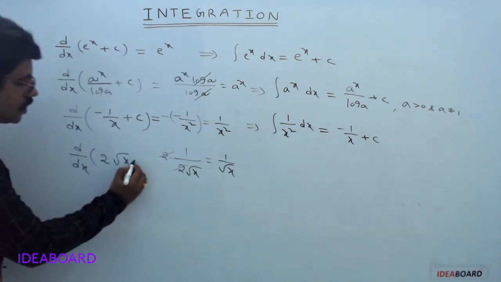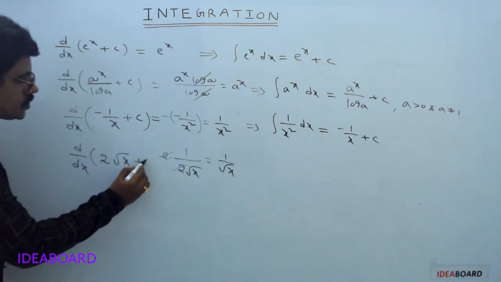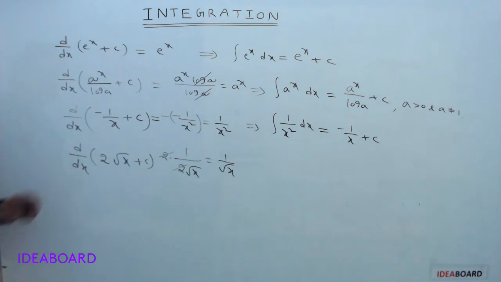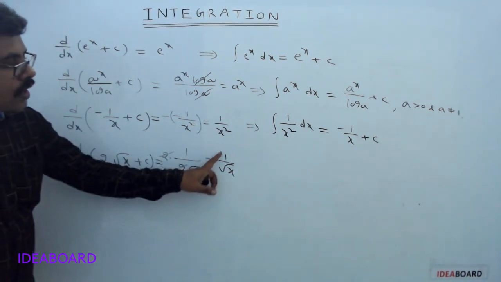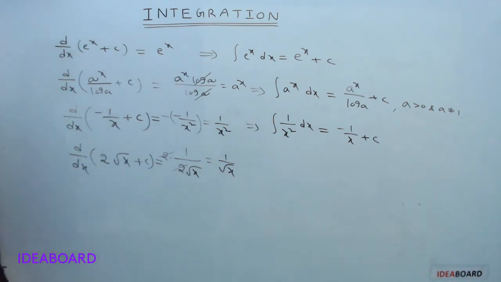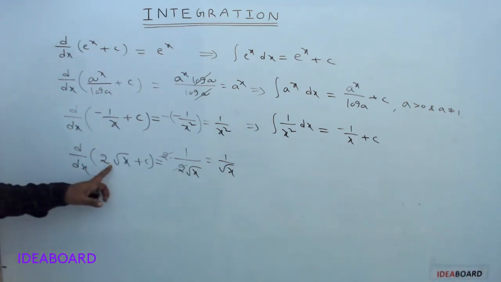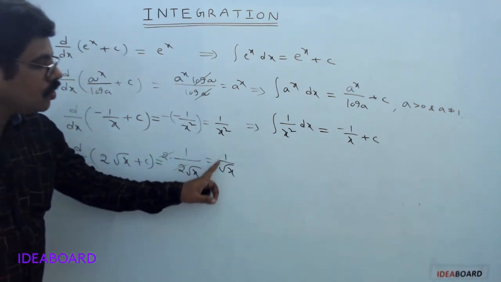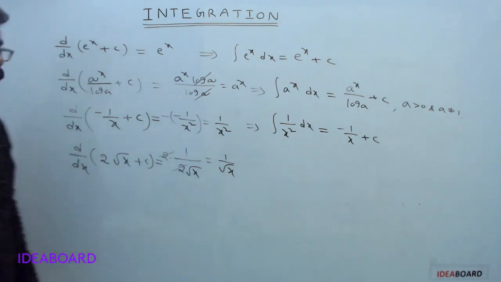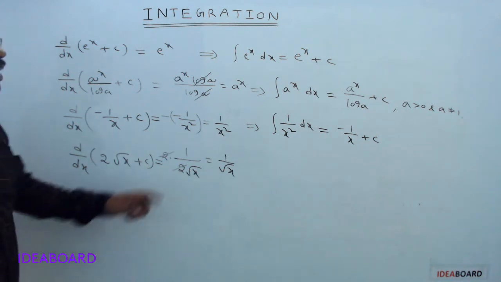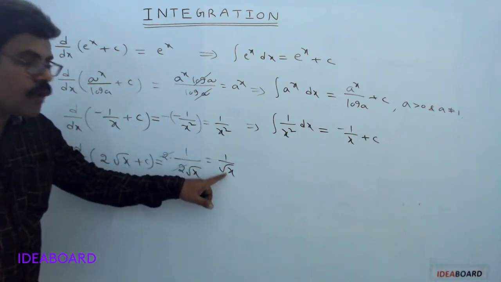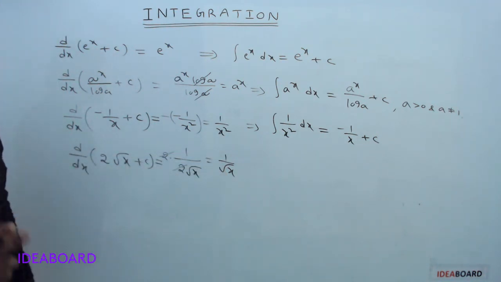If we add a constant term to this 2 root x, then derivative of 2 root x plus c equals to 1 upon root x. If derivative of 2 root x plus c equals to 1 by root x, then this 2 root x plus c is called integral of a function 1 by root x with respect to x.